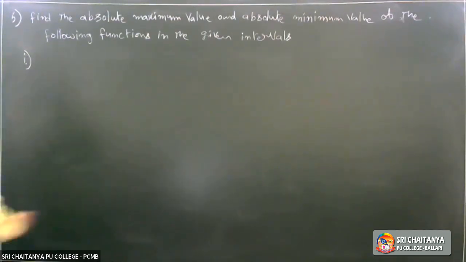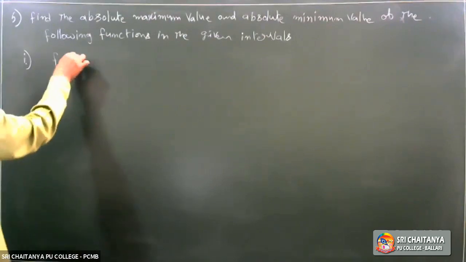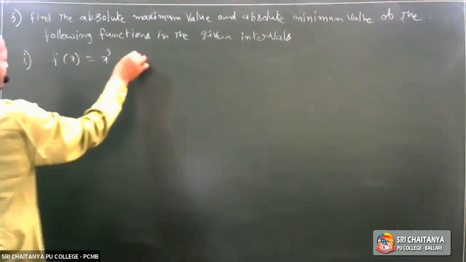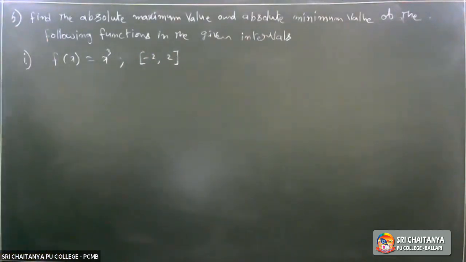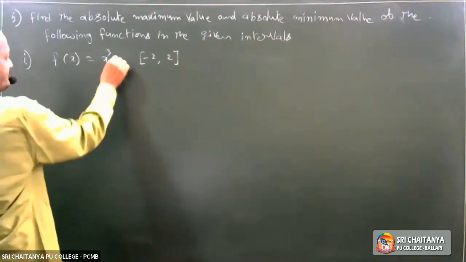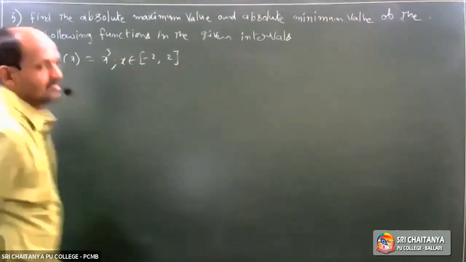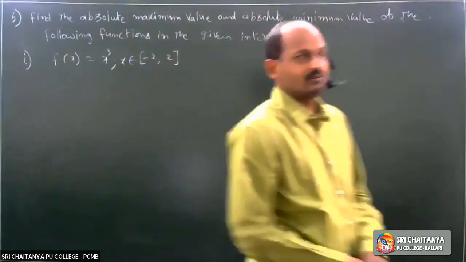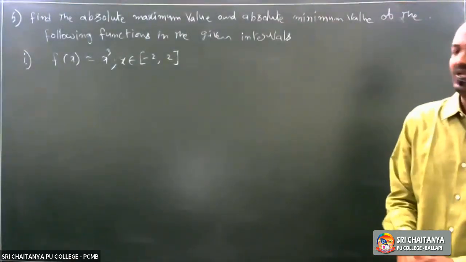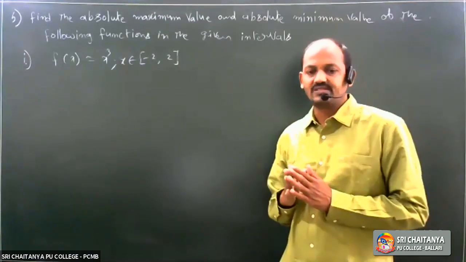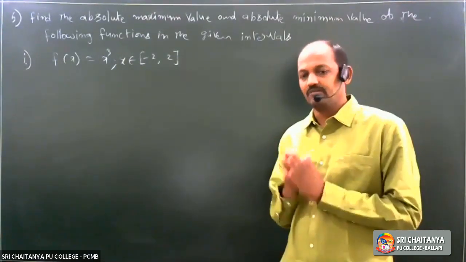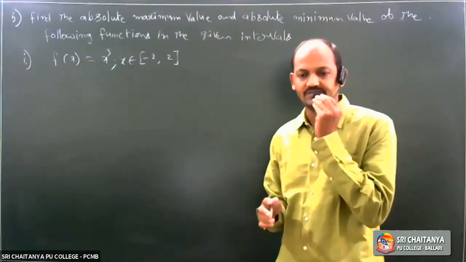First question, f of x is equal to x cube, given interval is -2 to +2, x belongs to -2 to +2. Find the absolute maximum value and absolute minimum value of the following functions.